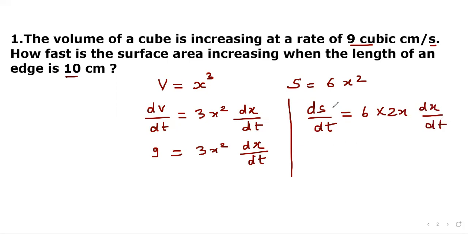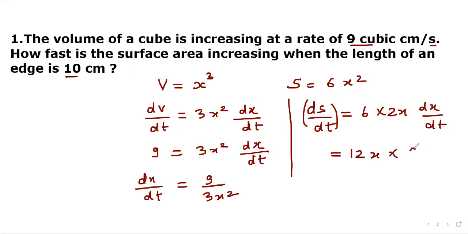We have to find out dS upon dt. From here, we can get dx upon dt. So dx upon dt will be equal to 9 upon 3x square. We can put this value here. So 6 into 2x, that is 12x, into 9 upon 3x square.